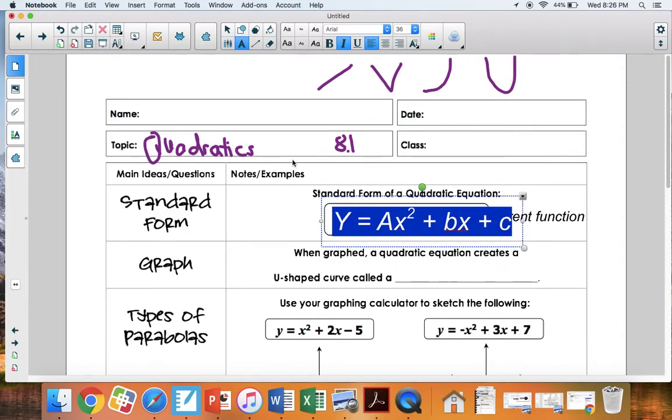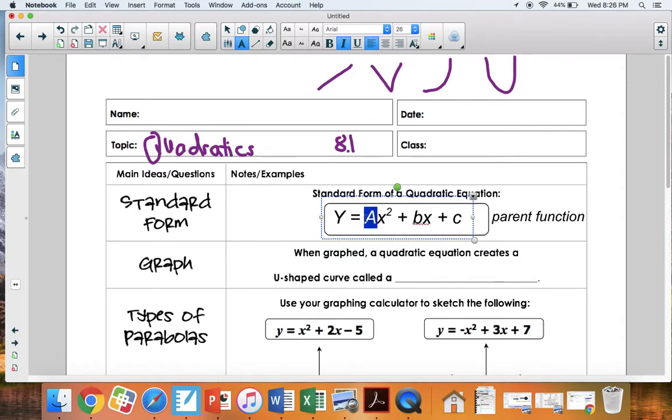You may remember this from factoring polynomials in our last unit. A quadratic equation is just a polynomial rather than a linear function, which is just the bx plus c. And this squared piece is what gives us this curve right here.